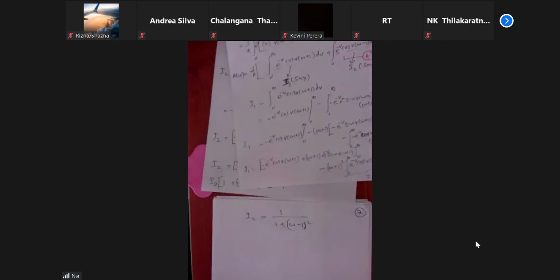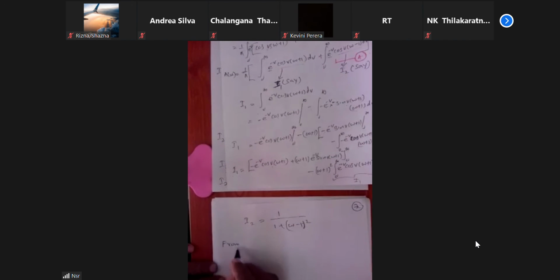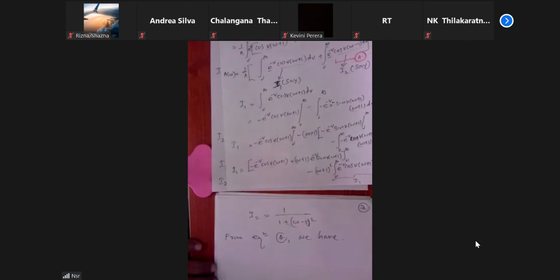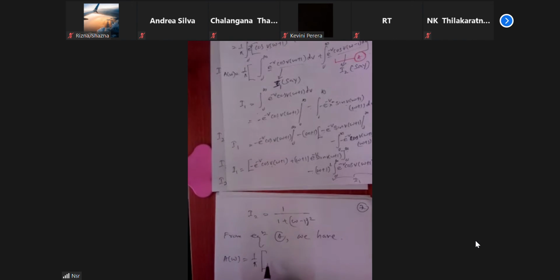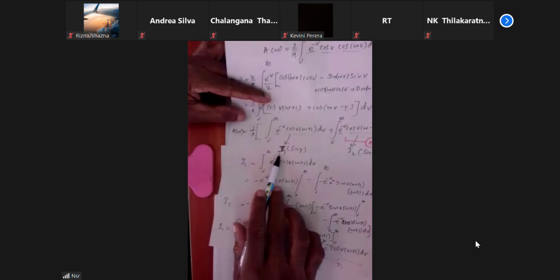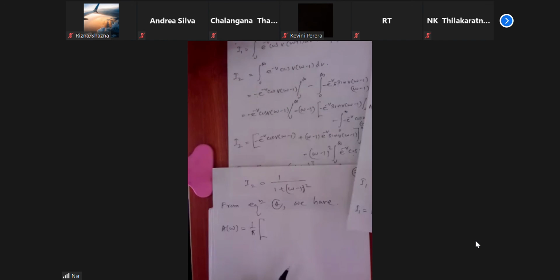Then you can write down from equation A, we have, you can substitute the values now, right? A omega equals 1 over 5 into the first one, I1. I1 means which value is it?